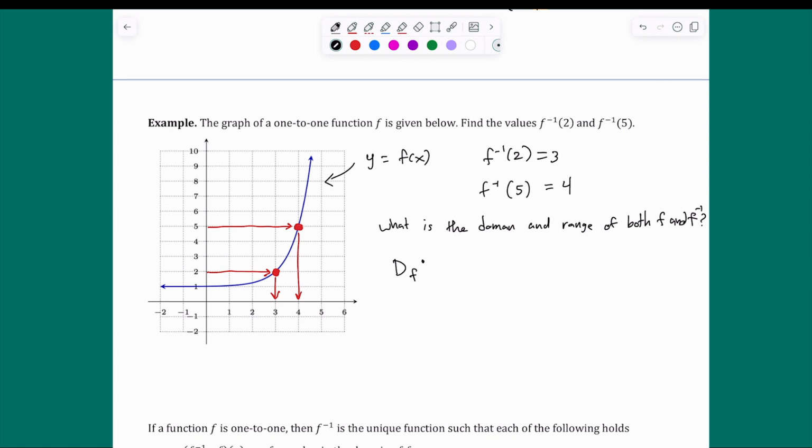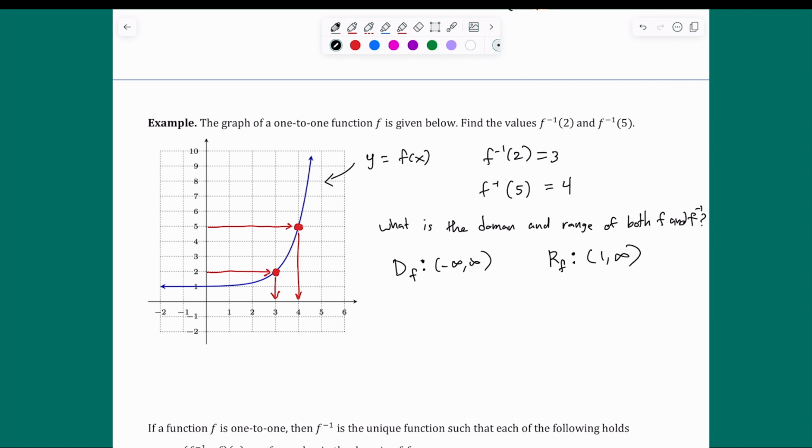So the domain of f, we could see just by the graph, is going from negative infinity to positive infinity. The range of f, notice it appears to be always above 1, and seems to head out to positive infinity. So we'll take that to be 1 to infinity.